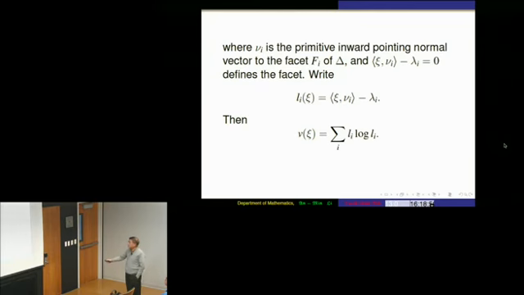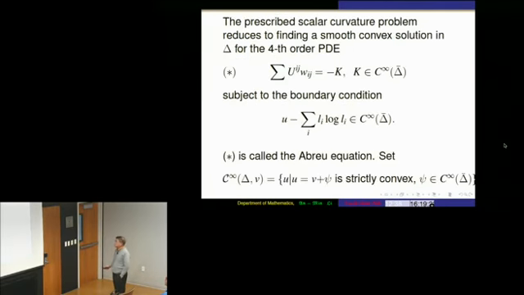Then we write l_i as a linear function, and v can be written as the sum of l_i times log l_i. This is a smooth and convex function. This is the symplectic potential function of the Guillemin metric.